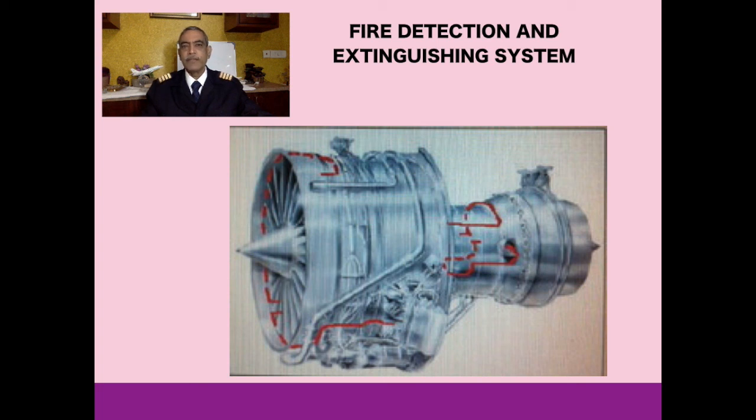Just to give you a brief explanation, there is a heat and fire sensitive wire which is routed all along the fire prone areas of the engine, and which detects at any time if there is a phenomenal heat rise or fire, and which gives an indication to the pilot in the cockpit. That's the picture which I have shown.